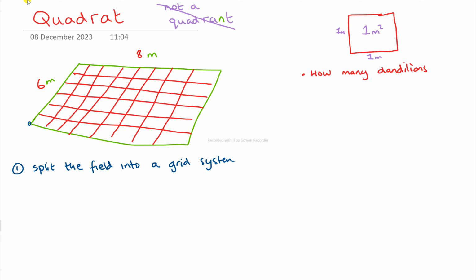So if this is my 0, that coordinate is 0, 1. It's like a normal grid. That is 0, 2, and so on. This here is 3, 0. This one here is 3, 3, and so on. So I'm going to have 8, 6 here. So, split the field into a grid system.